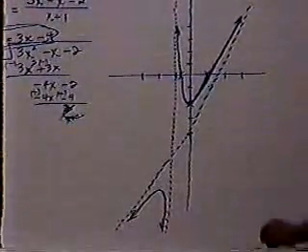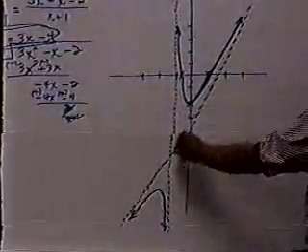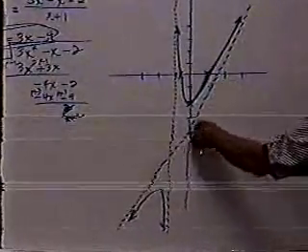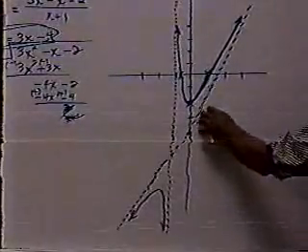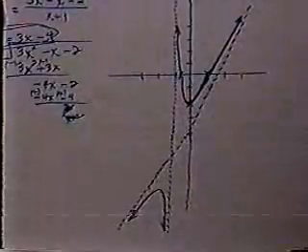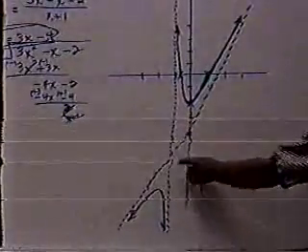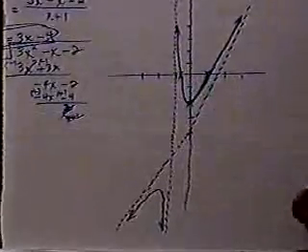If the highest power on the top is larger than the highest power on the bottom, you're not going to get a horizontal dotted line, but a dotted line that's slanting or curving or whatever. And to see that, you're going to have to change your windows and zoom in and out and see what's happening on here.